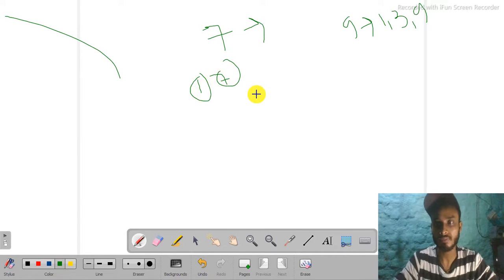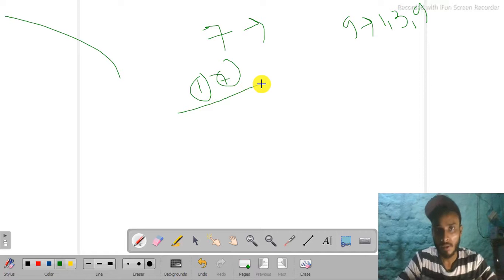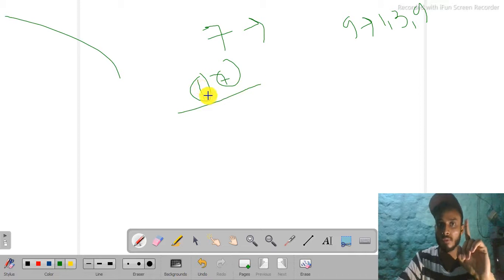So always make sure that to solve this type of problem, the concept is that all numbers are divisible by 1, so we start from 2. Suppose 7: we check 2, 3, 4, 5, 6.